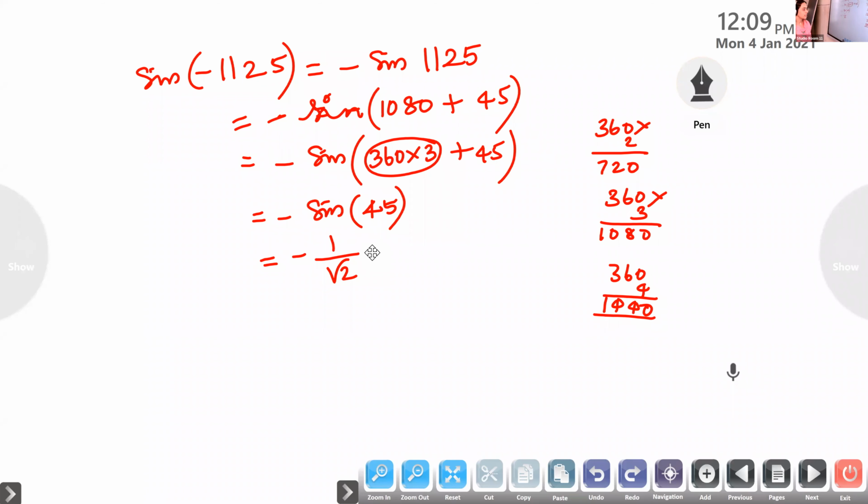So sine negative 1125 is minus 1 by root 2.